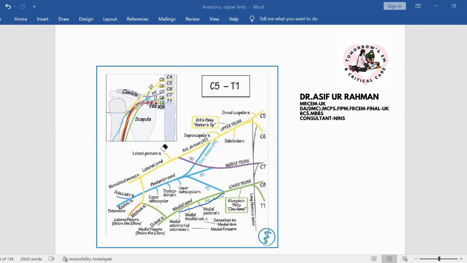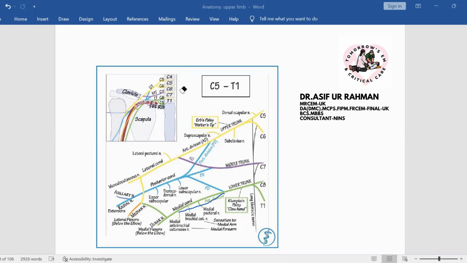Medial winging happens if the long thoracic nerve, nerve of heaven or nerve to serratus anterior is injured, but lateral winging will happen if the spinal accessory or dorsal scapular nerve is injured. Clear? Okay, fine. We must remember these things.